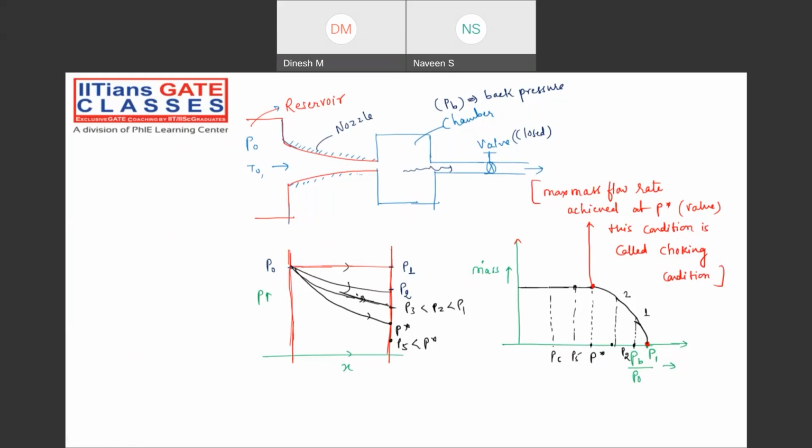But tell me, at what Mach number is this choking happening? See, initially the Mach number is less than 1. What will happen to the Mach number? Tell me, guys. Yes, this maximum mass flow rate is happening at Mach number 1.